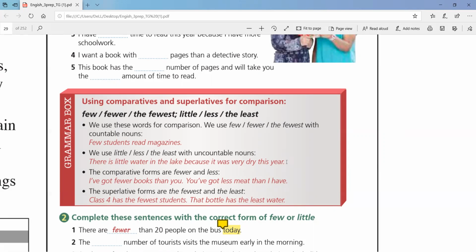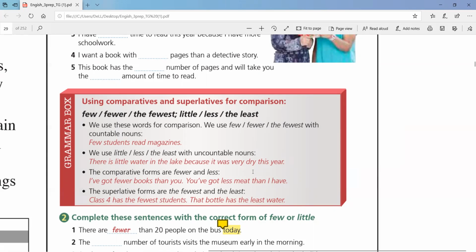But my sister has less money than me. But Ali has the least money. Also another example, I have a little juice in my bottle. My sister has less juice than me. Ahmed has the least juice in his bottle. So we use little, less, the least with uncountable nouns.